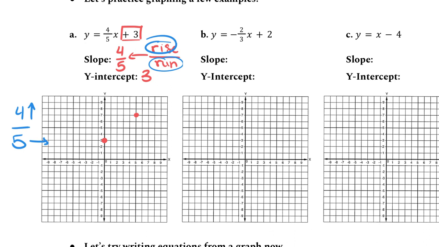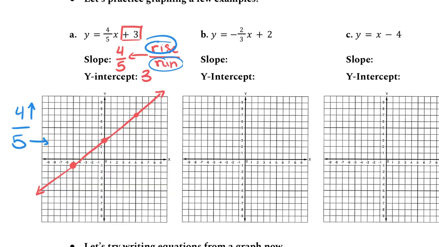So instead of going up 4 to the right, I'm going to go 1, 2, 3 left, down 4. 1, 2, 3, 4, 5 that way. Do you see how that creates a nice line right here? Now you're going to connect them all, continue it going straight, and put arrows at the end. And now with that, we have graphed our first line.